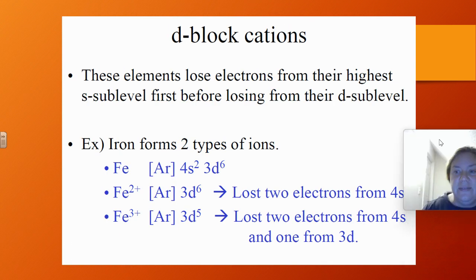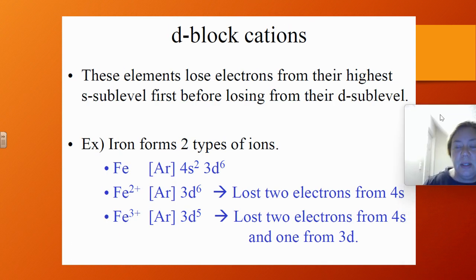Okay, and then we have, this is something that I've spoken about in my classes, but I'm not sure if you've heard about it in all the classes, and this is with the d blocks. These elements lose electrons from their highest s sublevel first, before losing from their d sublevel. So let's think about this, and this is from the ionic version.